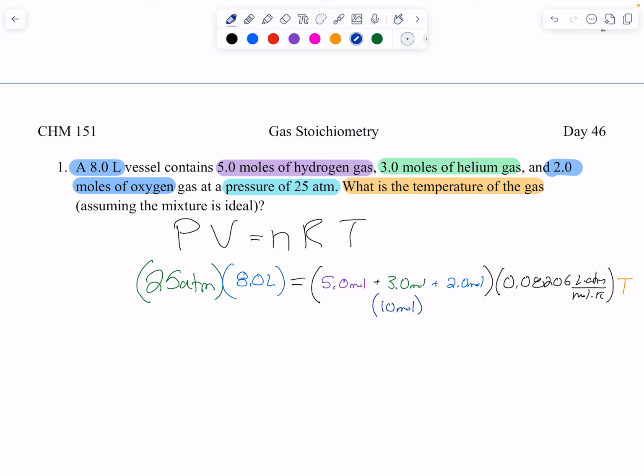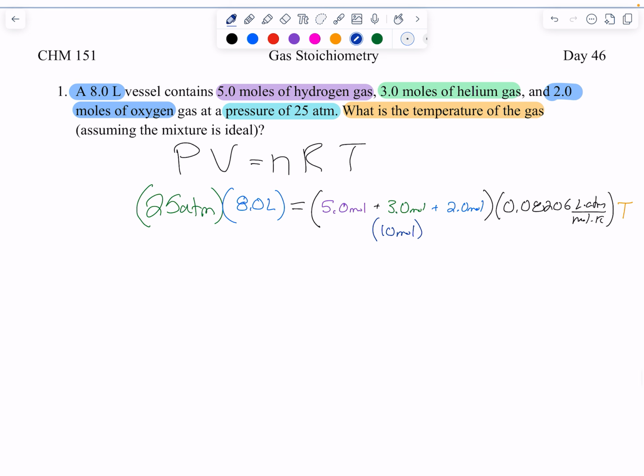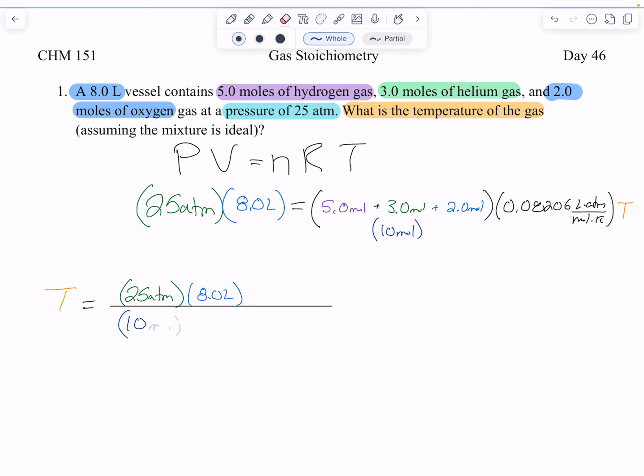All right, and so if we were to do this, the temperature would equal our 25 atmospheres, our 8 liters, divided by our 10 moles, and it's actually 10.0 moles, isn't it?